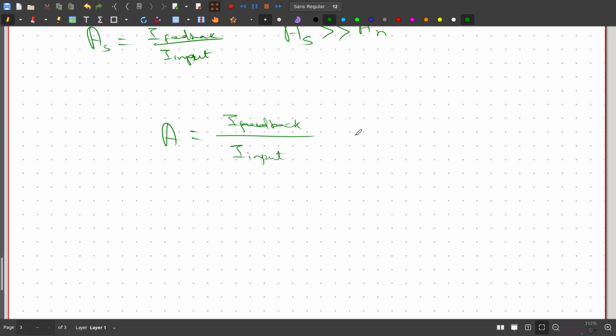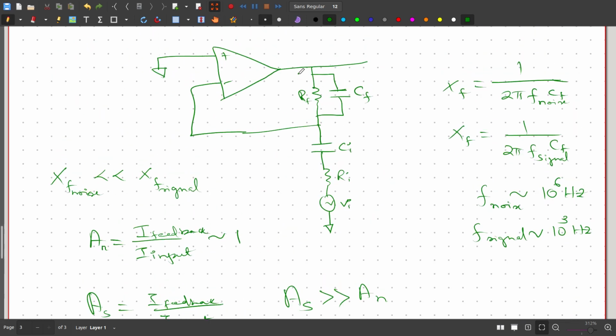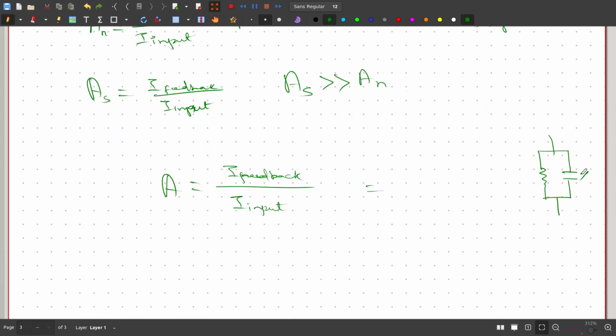The feedback impedance is nothing but, here in the feedback network, we have a resistor and a capacitor in parallel. This capacitor has a reactance of XF and the resistance is RF. So this is the feedback impedance. These two are in parallel.